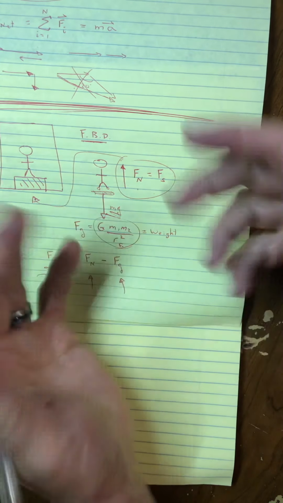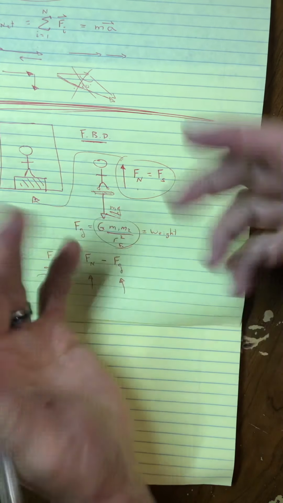But there's some kind of a support there pushing up. I doubt if you're actually sitting on a scale, but if you were, you could read how much is pushing you up. And so when you break the cable, there is nothing pushing you up. And that's what this is trying to say. So the reading on the scale would be 0. The scale's not pushing anything. There's no interaction between you and the scale.